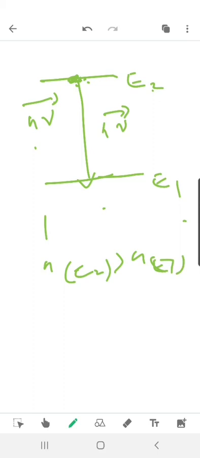Fine. So it is the process in which the population of a particular higher energy state is made more than the ground state. And how is it made more than the ground state? It was due to the absorption.